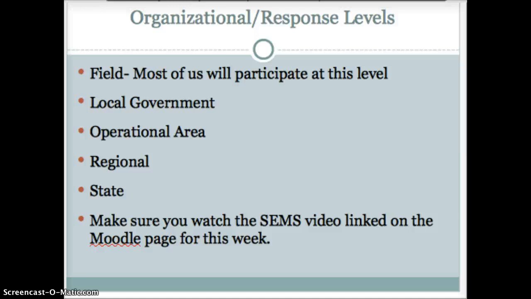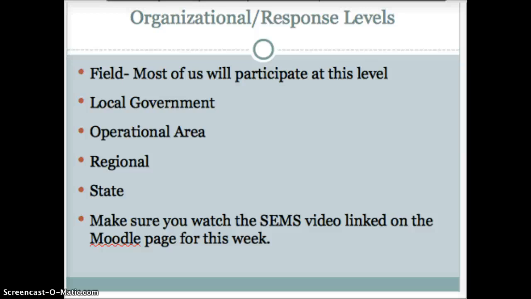So there are 5 organizational response levels. The field level, which is where most of us participate in response; the local government, which is like if you were with the city of Santa Rosa or the county, you would be the local government contact.